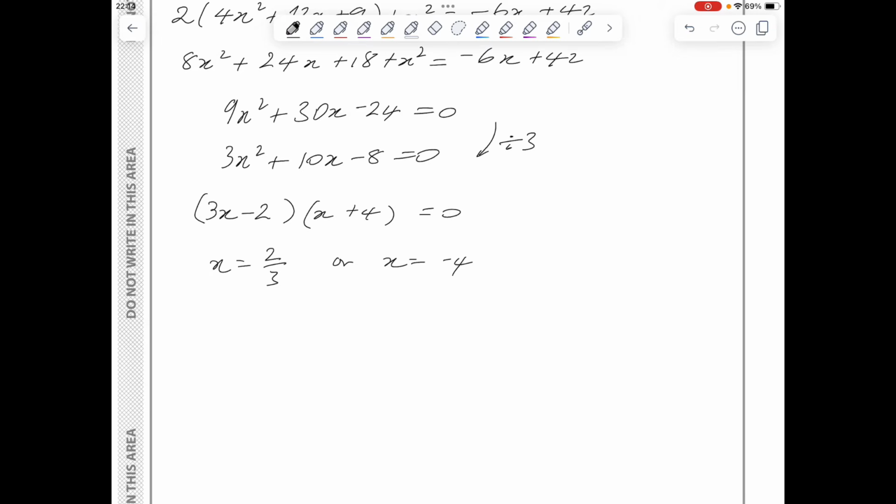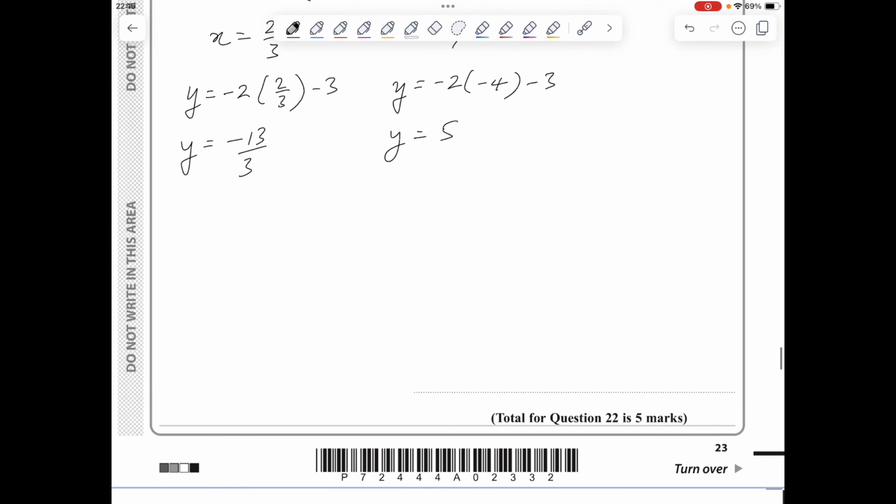Then substitute these x values into that blue equation at the top to get y equals minus 2 times 2 over 3 minus 3. So y is minus 13 over 3, or y is equal to minus 2 times minus 4 minus 3. y comes out to be 5. So my two pairs are the following, and that's the final answer.